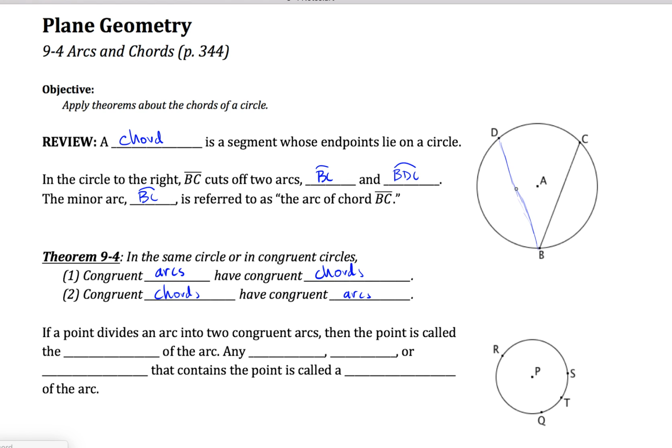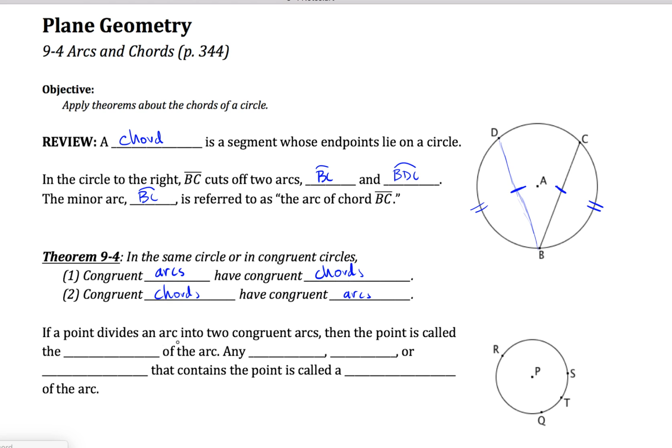If chord BD was congruent to chord BC, then arc BD would be congruent to arc BC, and vice versa. If the arcs were congruent, then the chords that created them would be congruent. So that's all theorem 9-4 says.